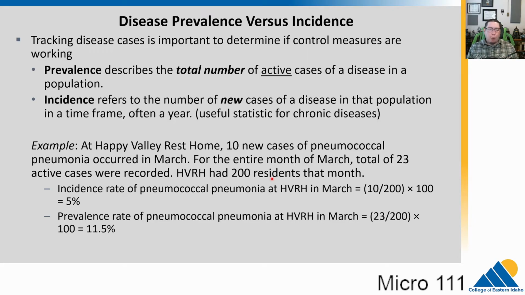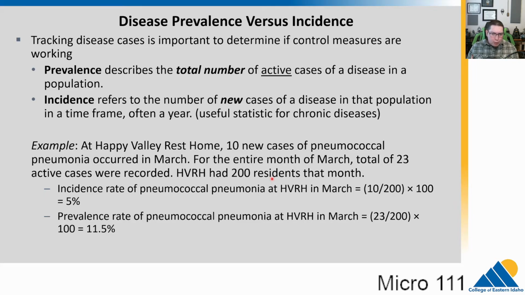So let's look at an example here. We have Happy Valley Rest Home. Sounds nice, right? Unfortunately, we have 10 new cases of pneumococcal pneumonia that occurred in March. For the entire month of March, the total number of active cases was 23. So some people had a case that stretched over from the previous month.